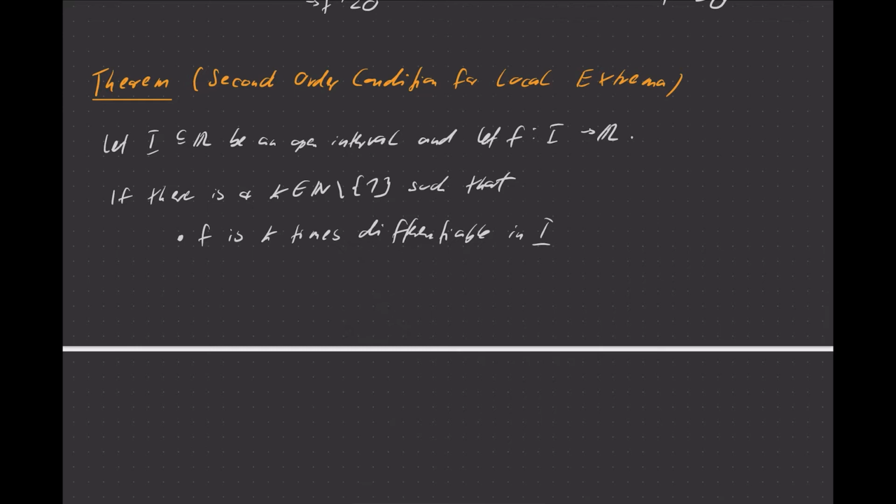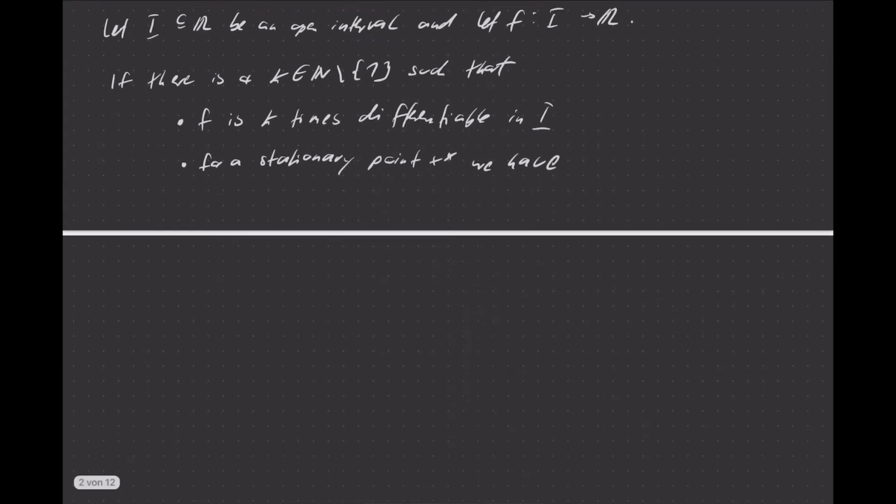What we also want is, for a stationary point x star, the following holds. So what we have is the first order derivative of x star is of course 0 because it's a stationary point.